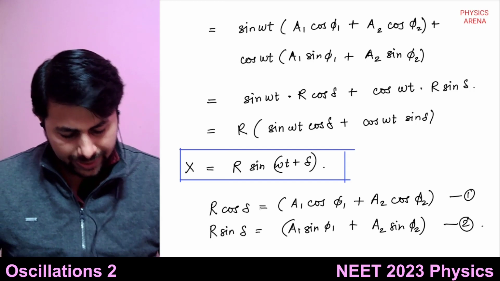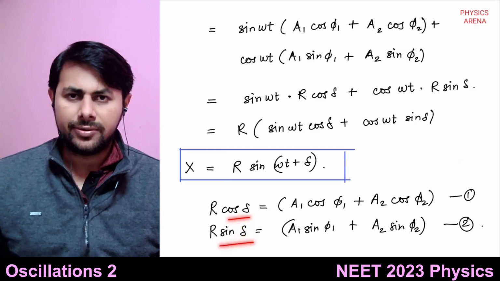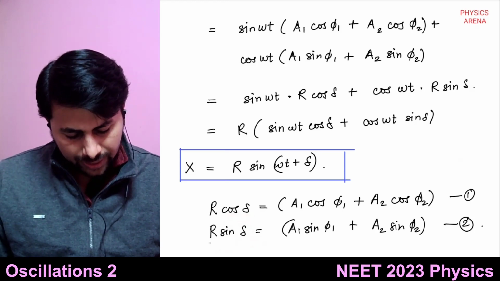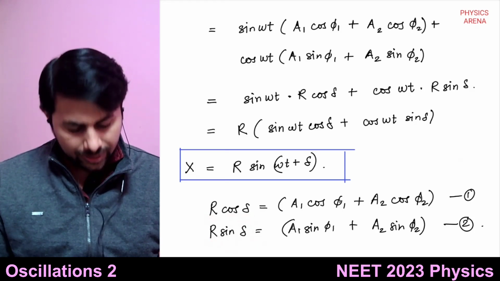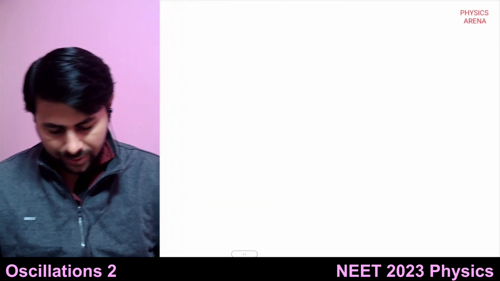Finding delta is very simple. Just divide equation 2 by equation 1. R and R will get cancelled out, and sin delta upon cos delta is tan delta.